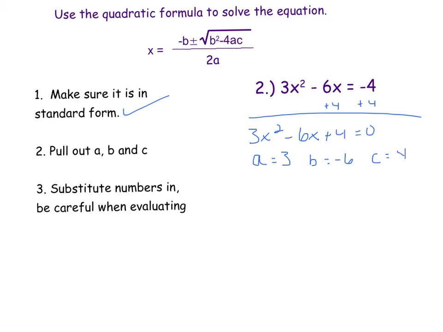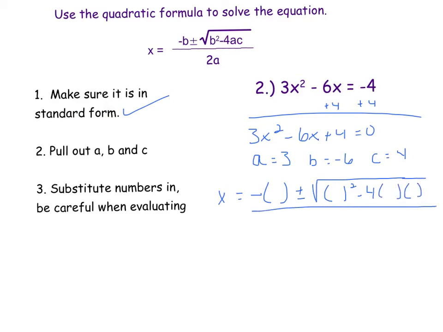Then I'm going to plug it into the quadratic equation. X equals the opposite of b plus or minus the square root of b squared minus 4ac, and again, see how I'm leaving those parentheses so I don't drop any negatives, all over 2a.